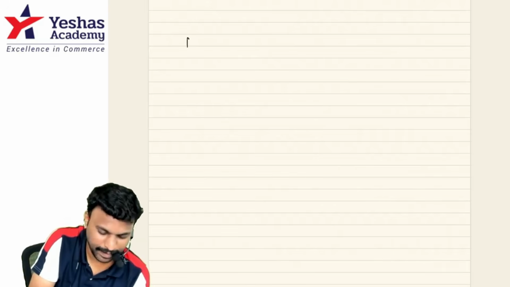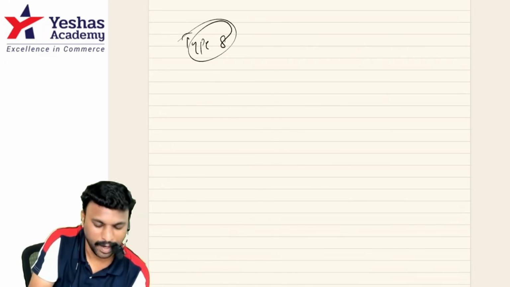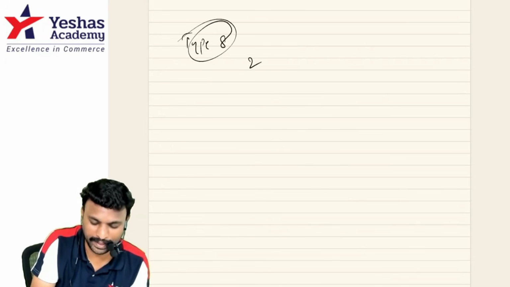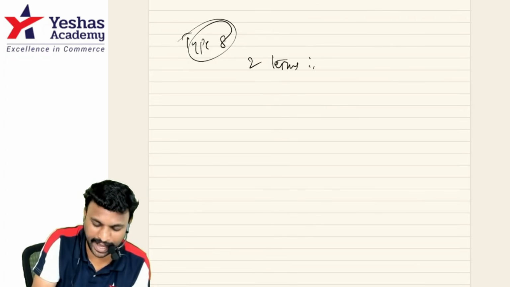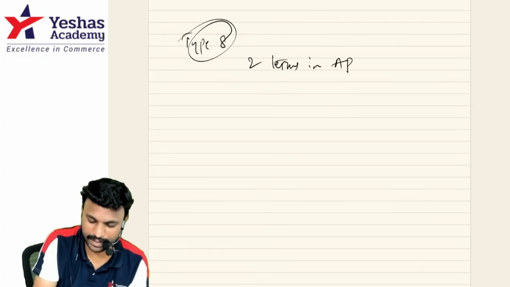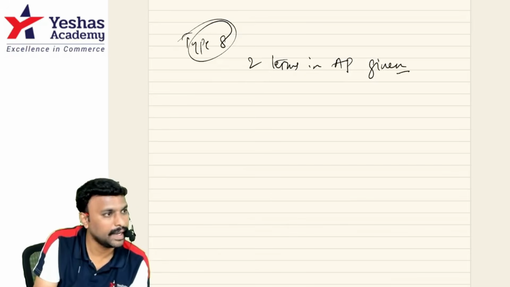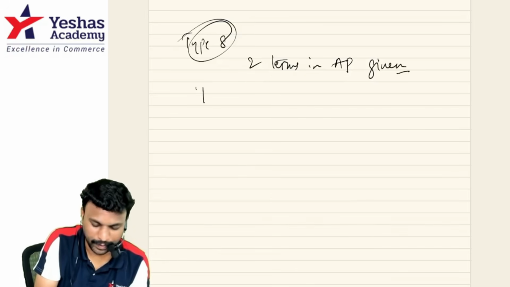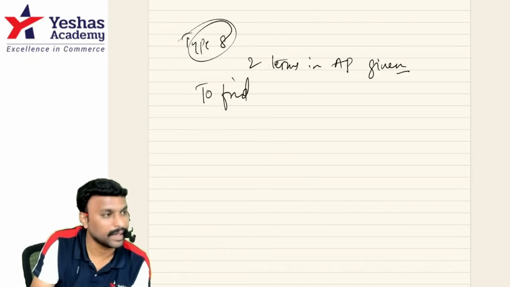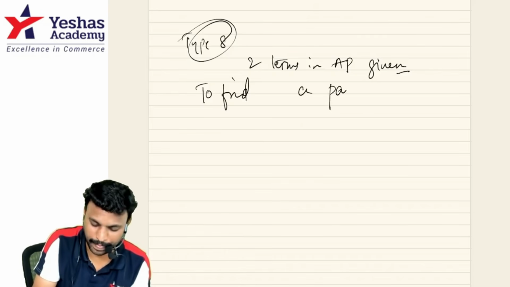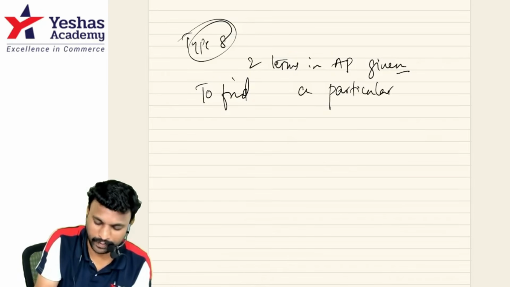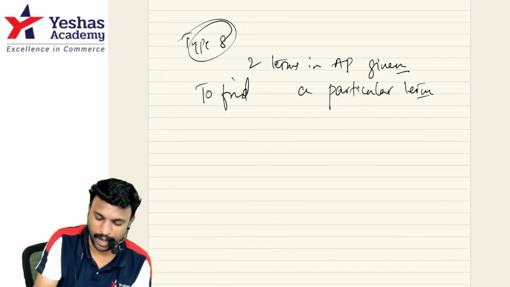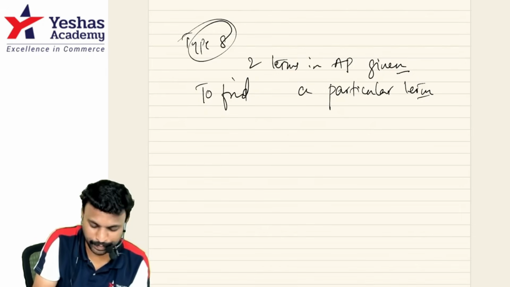And last, two terms in an AP are given. Along with that, what is asked? To find a particular term or common difference. Tell me what you do.